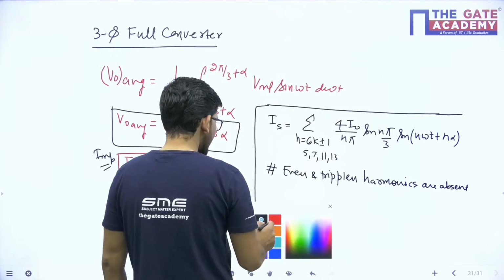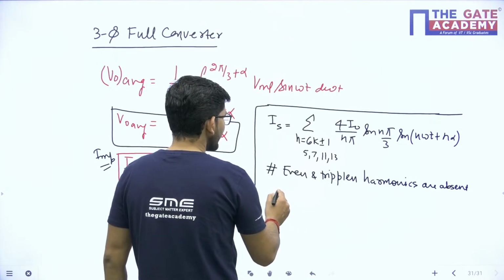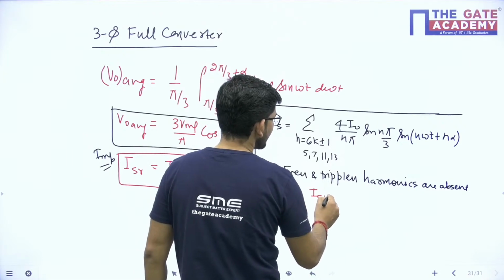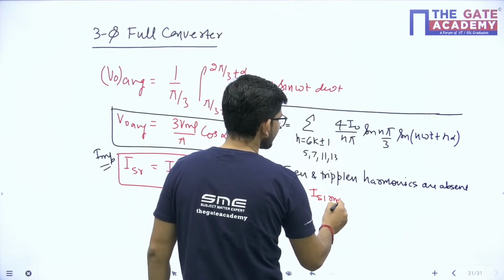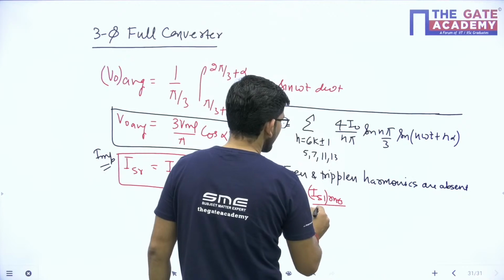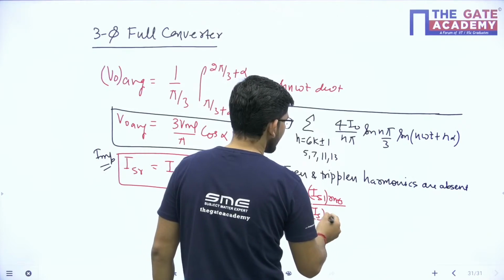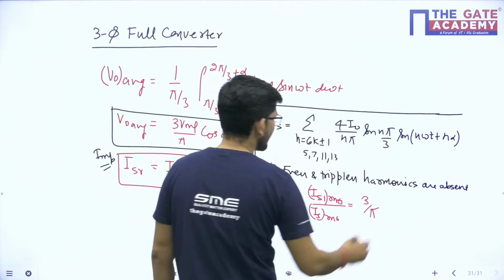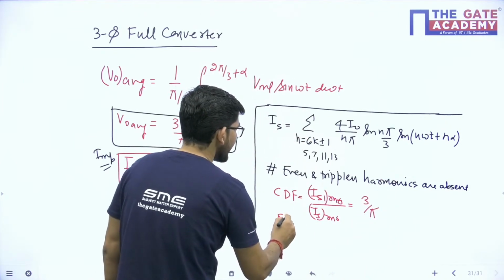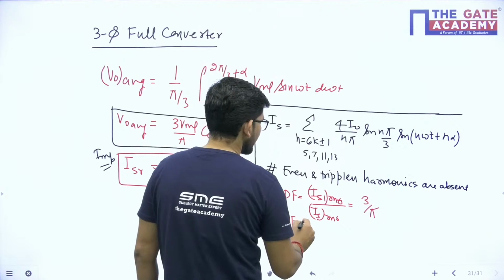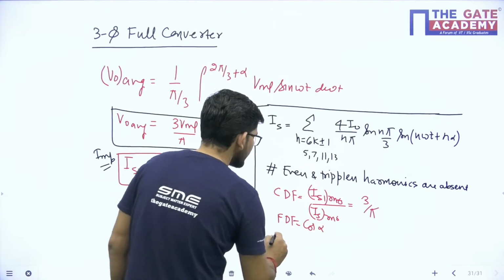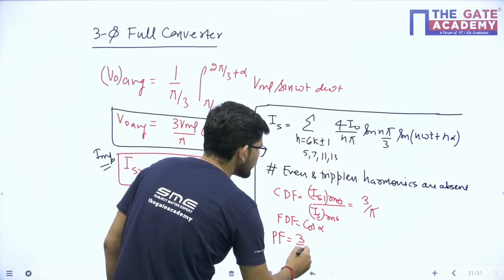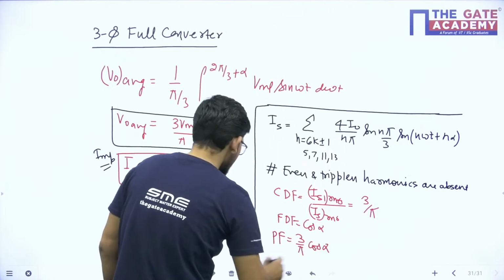Now, if you calculate CDF, which equals IS1 fundamental RMS upon IS total RMS, you will get a value 3 upon pi. FDF here is cos of alpha. So the power factor will equal 3 by pi cos alpha.